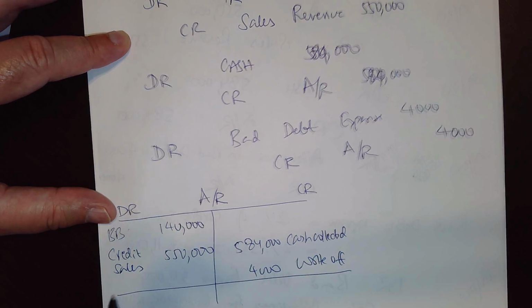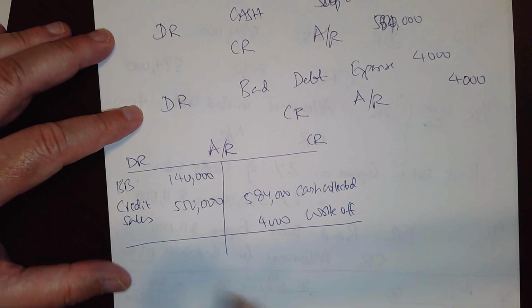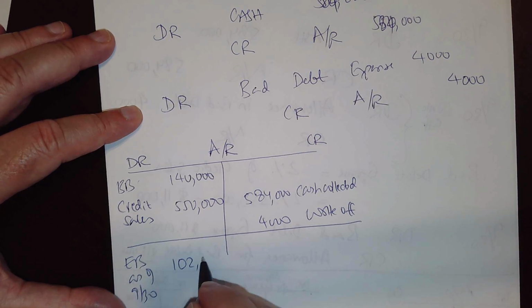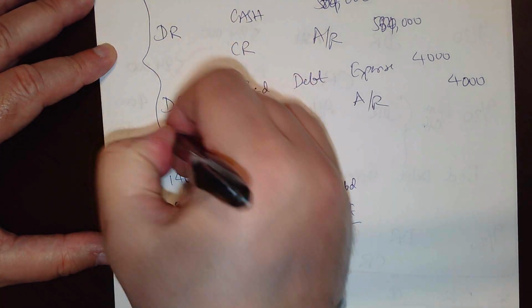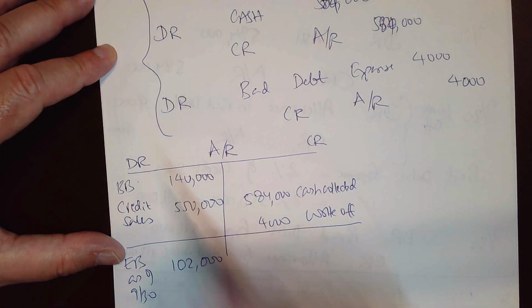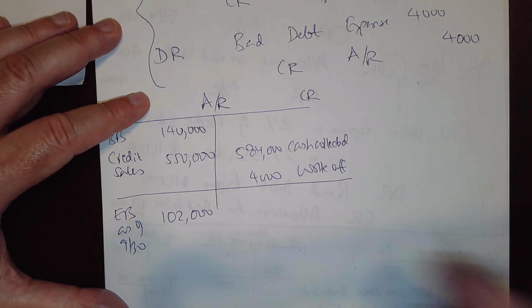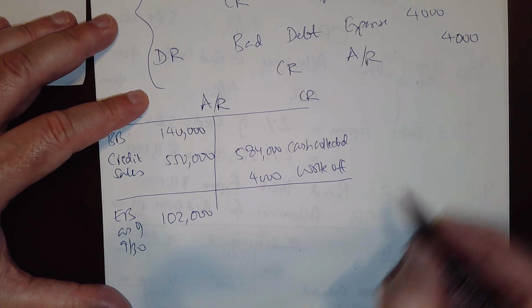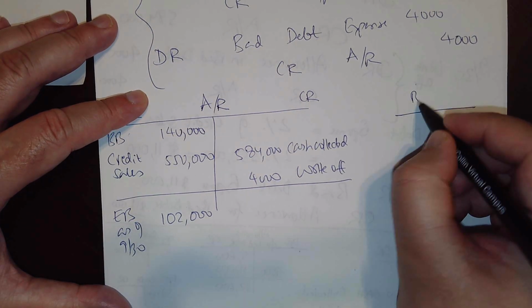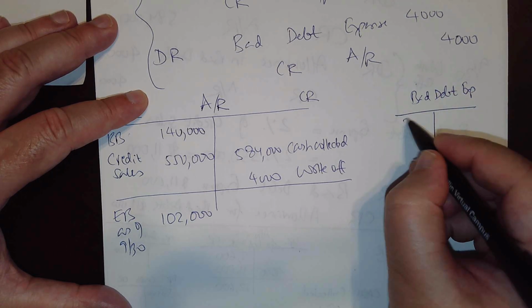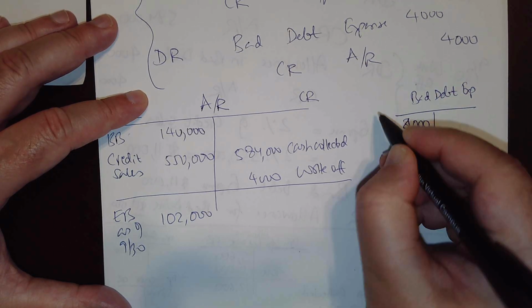So how much do we have? We still have an ending balance as of September 30th of $102,000. All these transactions were done on September 30th. Okay, now since we did this, our bad debt expense account would be $4,000.